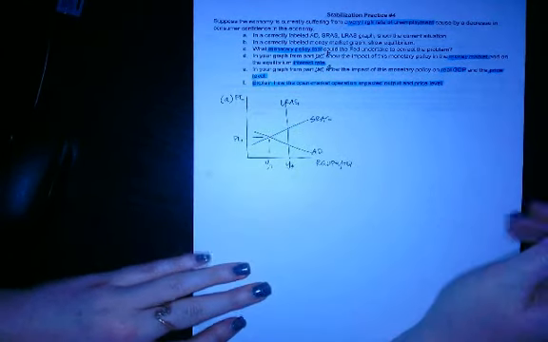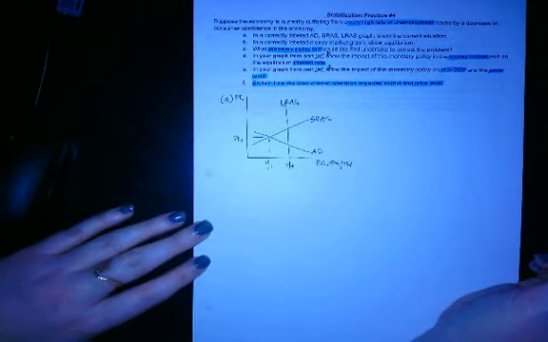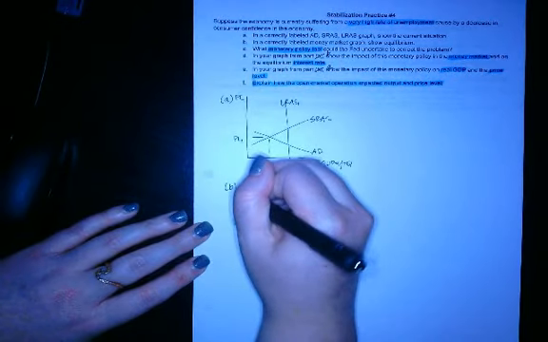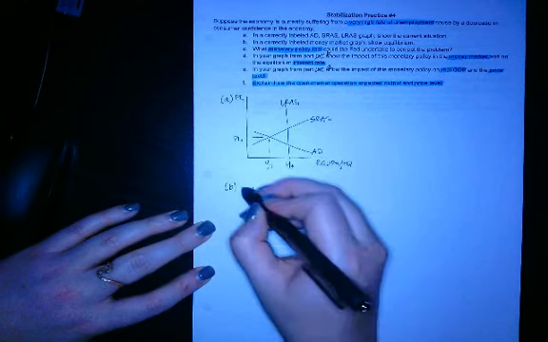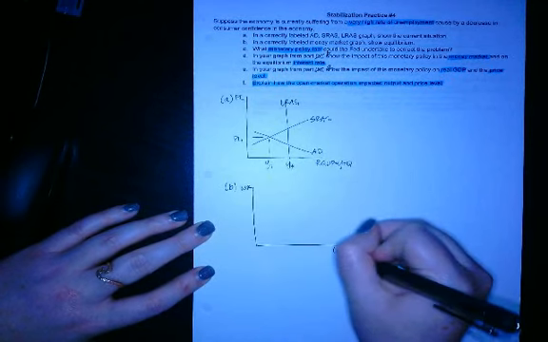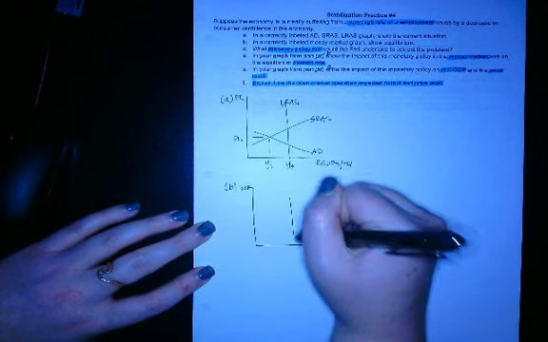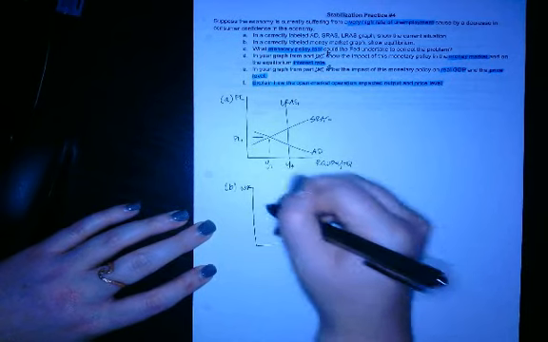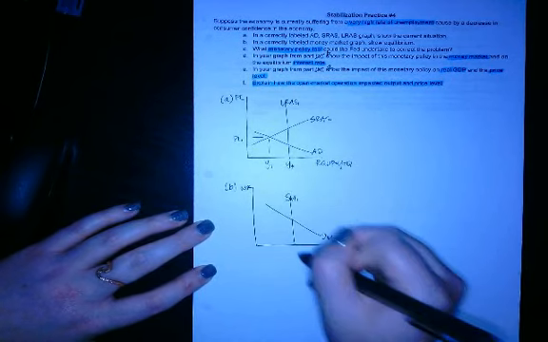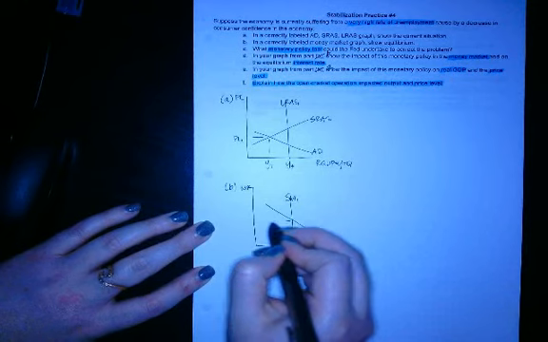In a correctly labeled money market graph, show equilibrium. So our money market graph has nominal interest rate, quantity of money, supply of money, and demand for money. We want to make sure we get our equilibrium labeled here.